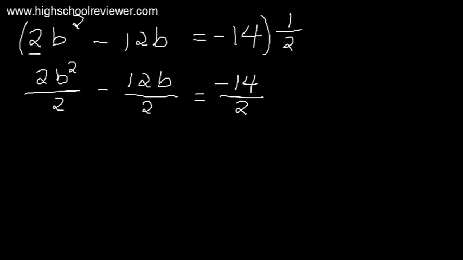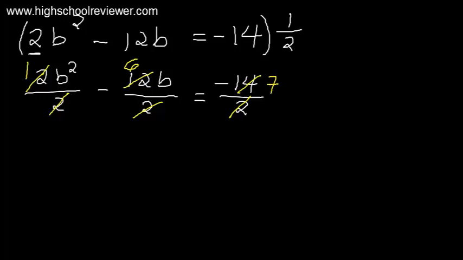So 2 divided by 2, we can cancel this out. This will be equal to 1. 12 divided by 2, cancel that out, this is equal to 6. And negative 14 divided by 2 is negative 7.